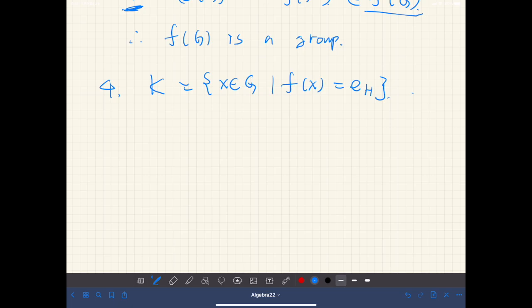So first we need to show that this subset K is not empty. It's easy to show. Since f(E_G) is equal to E_H, at least the identity element of G belongs to this subset K. Therefore, K is not empty.